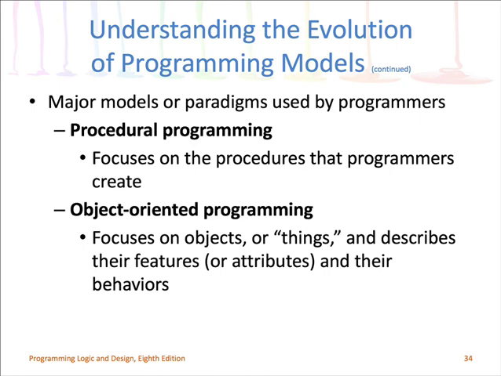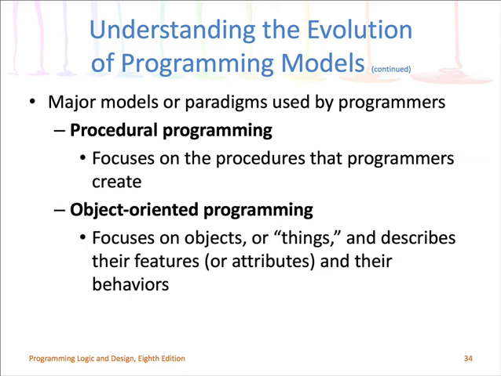The two major paradigms that are used by programs are procedural and object-oriented. In the beginning, when you first start learning programming languages, you're typically taught procedural programming. That's what we'll start with in this class, where you have procedures or subroutines that you might call to develop code.